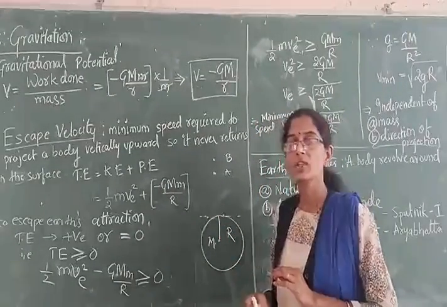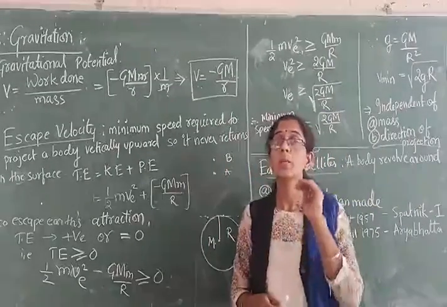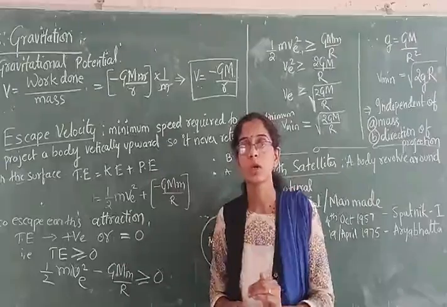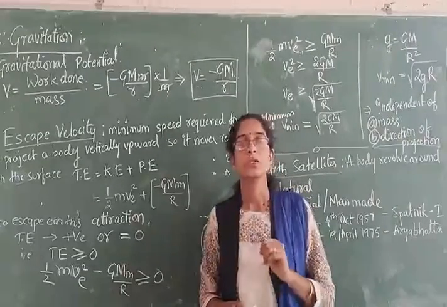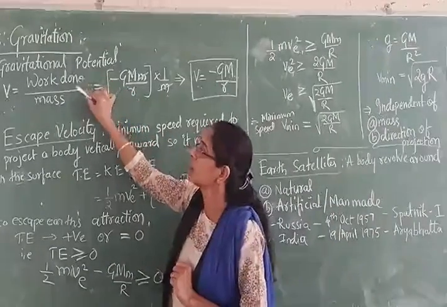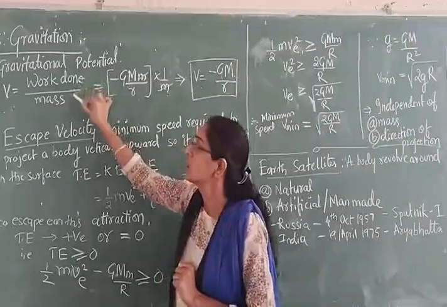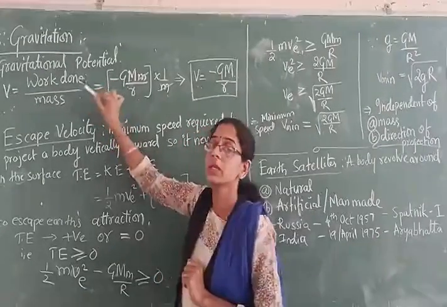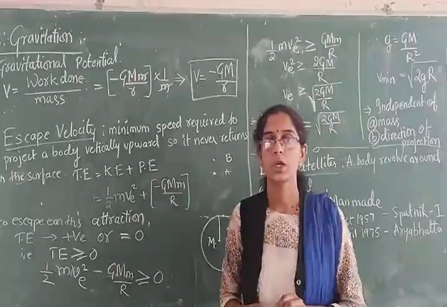Its SI unit is, since it is work done upon mass, and work is measured in joules, joules divided by kg. So joule per kg is the SI unit for gravitational potential.